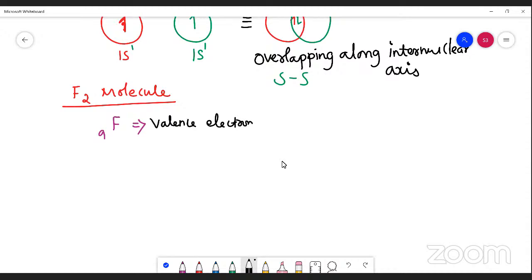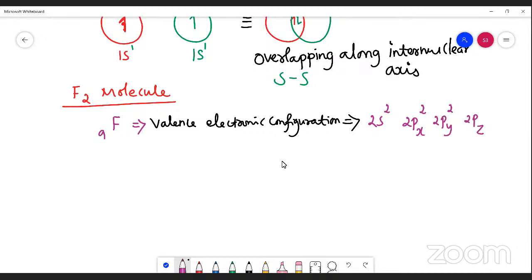I am not considering the core electrons. The fluorine electrons are 2s2, because 1s2 I have to leave, this is the inner electron. 2s2, 2p5. So 2p5 means 2px consists of 2 electrons, 2py has 2 electrons, and 2pz has only 1 electron.